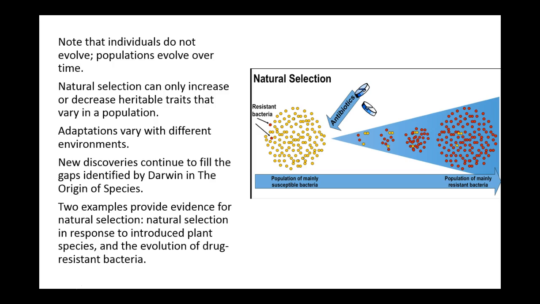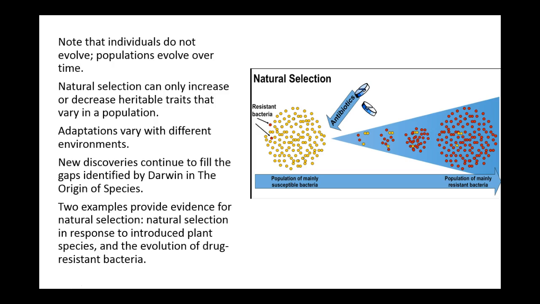Natural selection, you could say, maybe is the cause of evolution, and adaptations are the reason there is natural selection, or the terms are very interchangeable, I guess I might say, or dependent on one another maybe. The discoveries that are more modern fill in the gaps with regard to Darwin's Origin of Species.